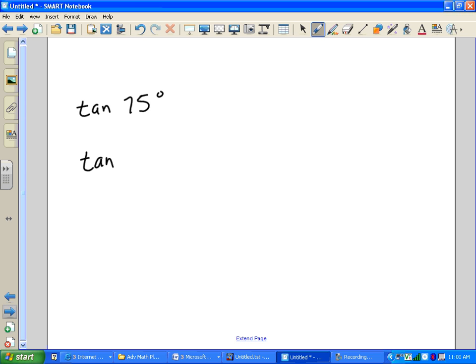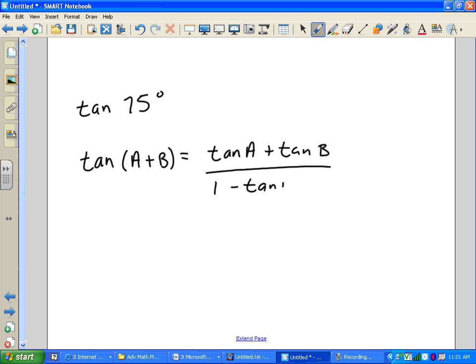You get tangent of A plus B equals tangent A plus tangent B over 1 minus tangent A times tangent B. So to get 75 degrees, you want to use 30 and 45 again. Let's write these over here, and then we're going to start evaluating.